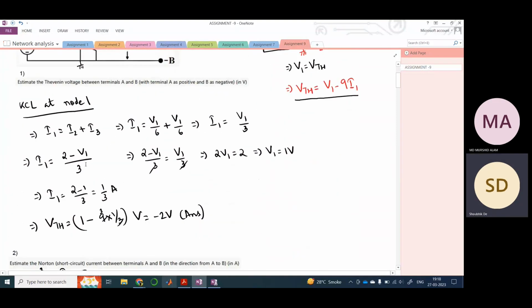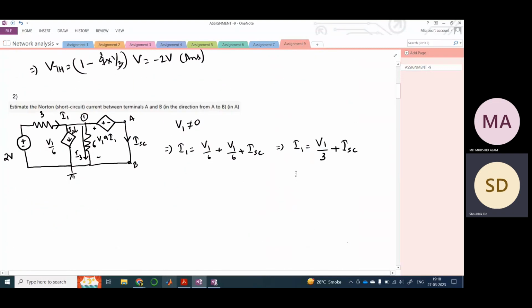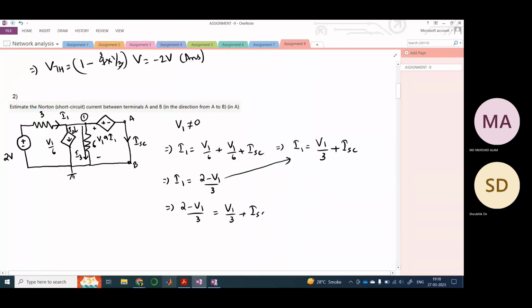We also got this equation, but now if I write I1 equals 2 minus V1 by 3 and substitute this here, I will get 2 minus V1 by 3 equals V1 by 3 plus ISC, right? So we can't solve this because we don't know ISC, and we don't know V1, right?